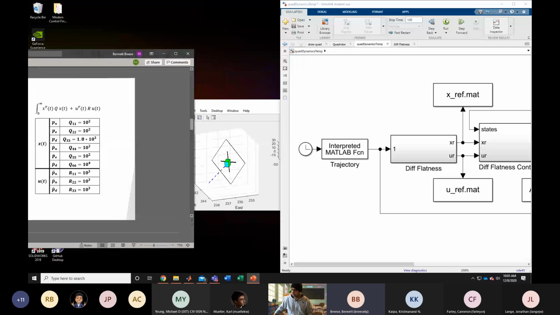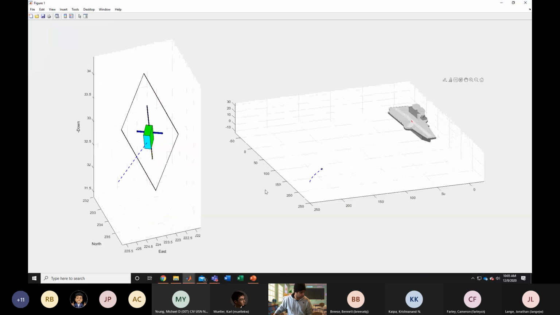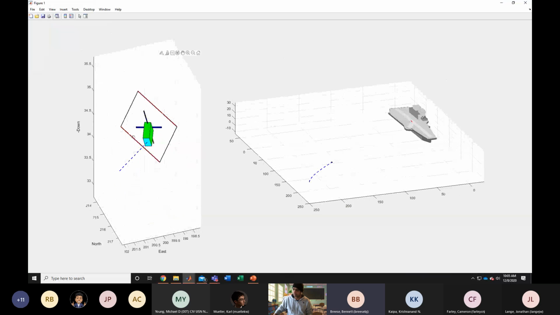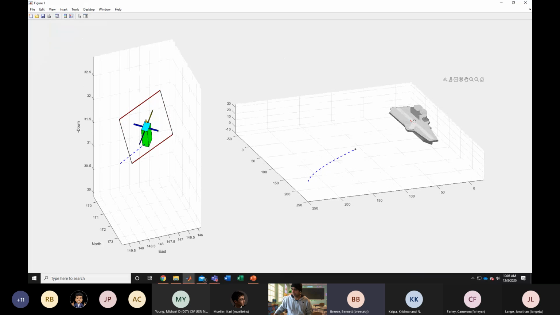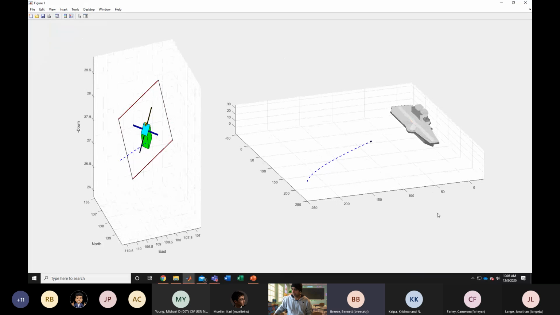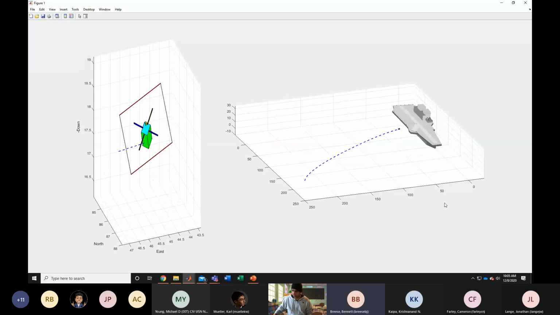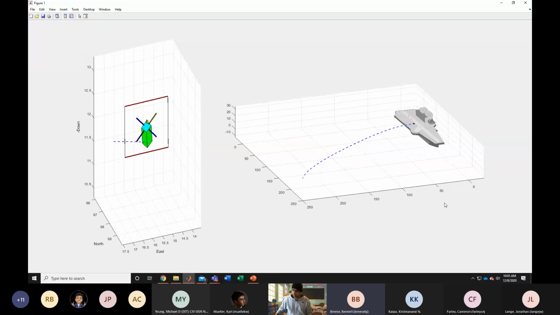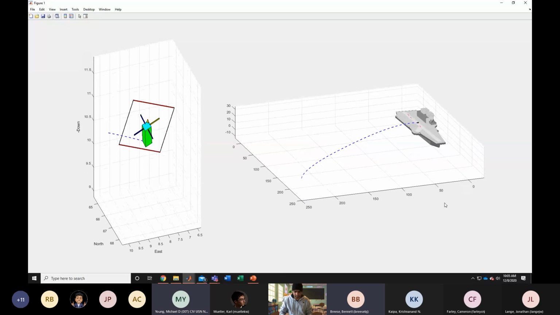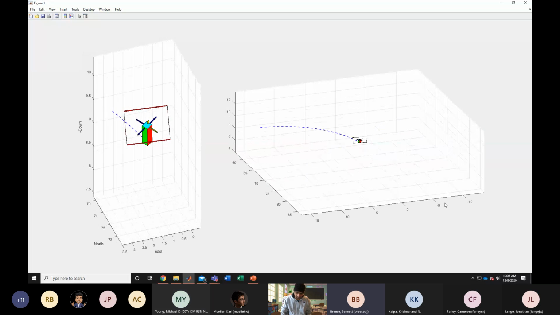I will go to the simulation here and just show that. So we've got a close-up of the UAV on the left, and on the right, we have the UAV approaching the aircraft carrier. It's slowing down, and then once it gets above the aircraft carrier, it will switch to phase 2 and adjust all the tunings for the LQR controller.